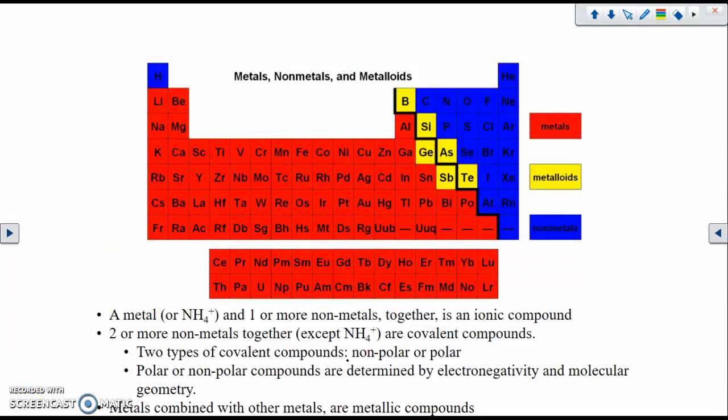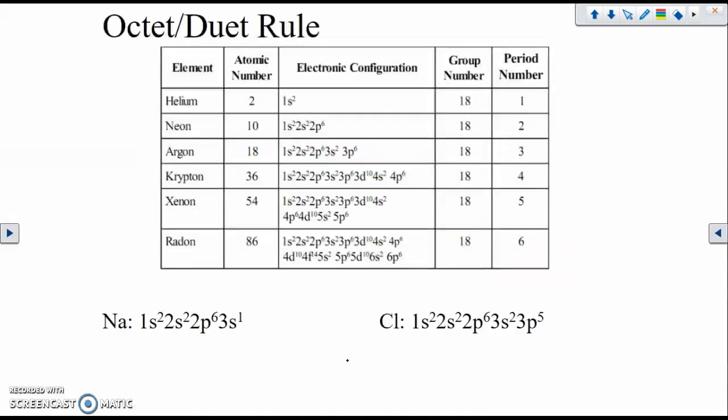So why do ionic compounds occur? Well, what we're going to do is look at the electron configuration of the noble gases, helium to radon, and it's shown here. The most important thing that you should pay attention to, folks, is the valence electrons.